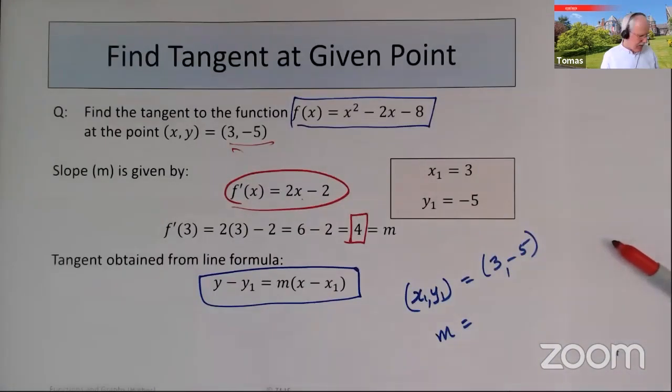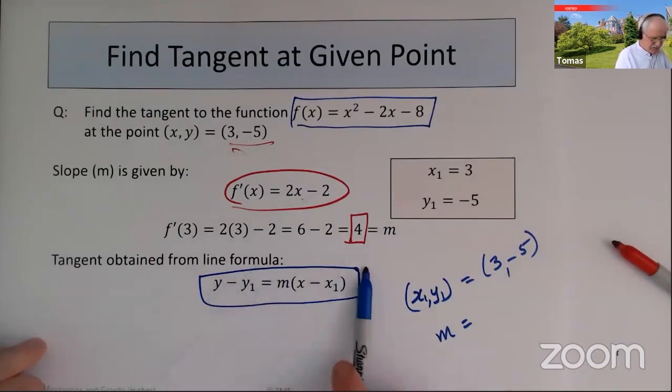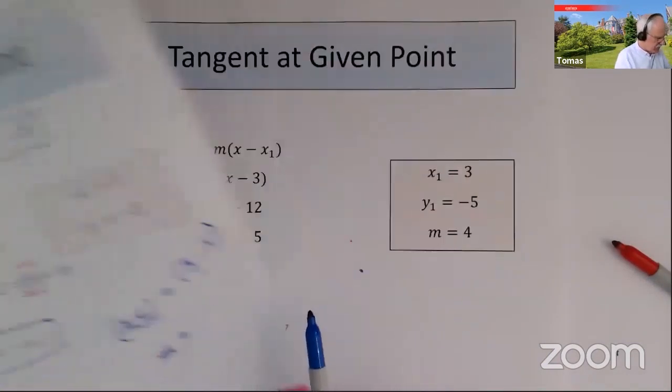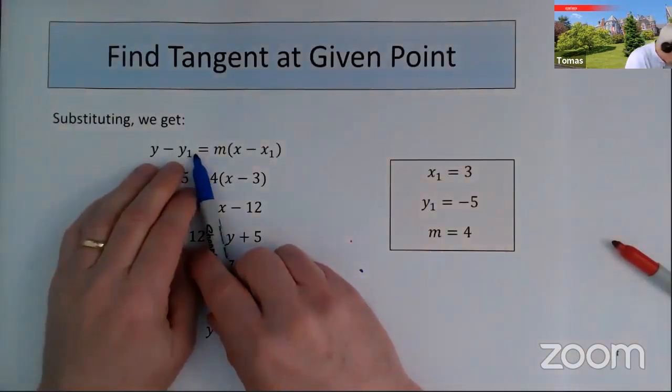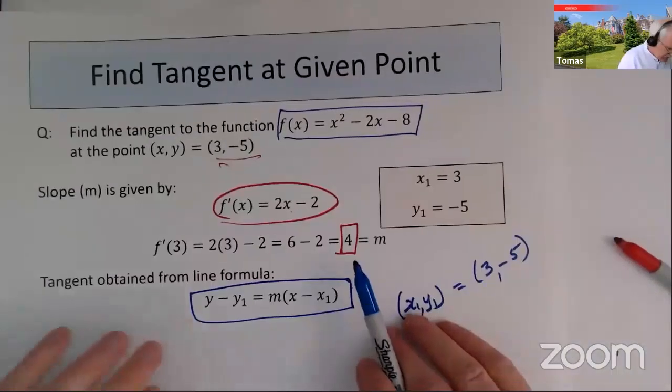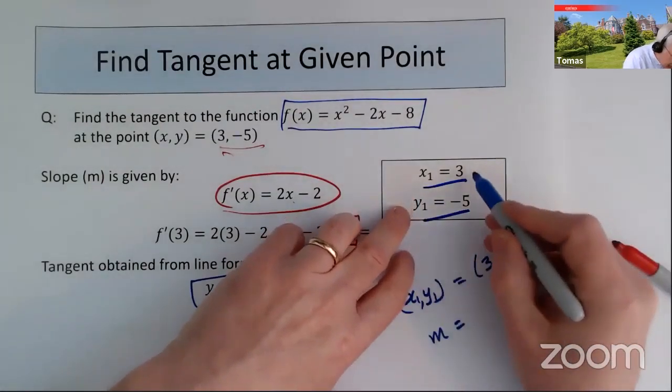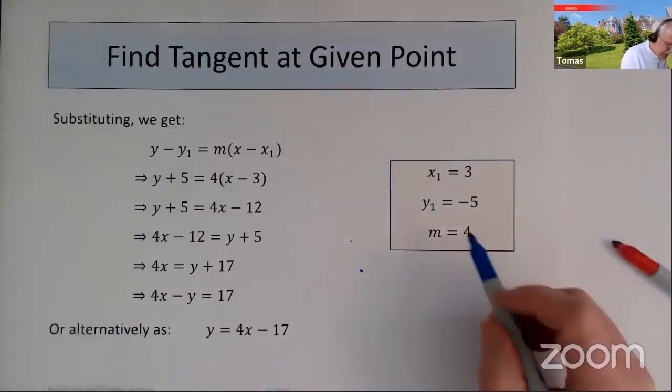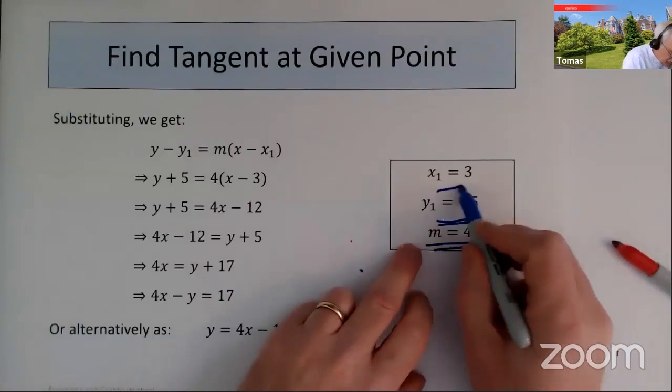So effectively what I have now is the tangent is given by this equation. So I carefully write down here: x1 is 3, y1 is minus 5, and m is 4. The slope, there's my points.